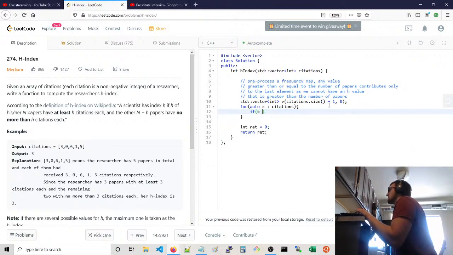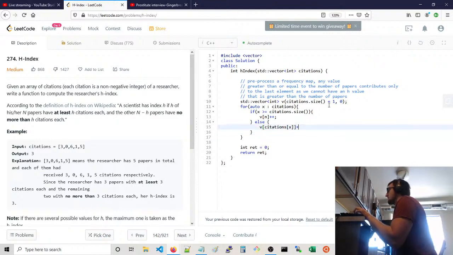If x is greater than or equal to citations.size, then we say V of n plus x, otherwise V of citations of x plus plus.